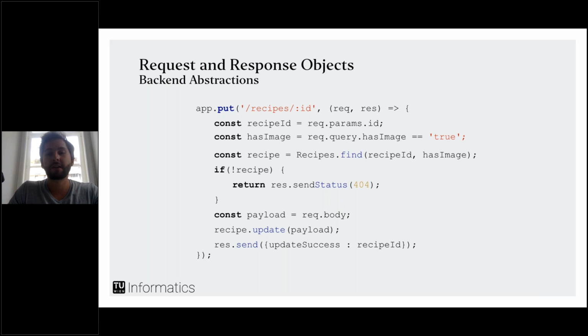Now let's have a look at how the request and response objects actually work. So here we have another example of a request method. In this case, we have a put method, and this is an example of changing an existing recipe. Okay, so what you have here is those REST path parameters that I talked about earlier.